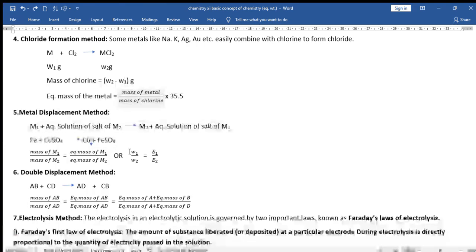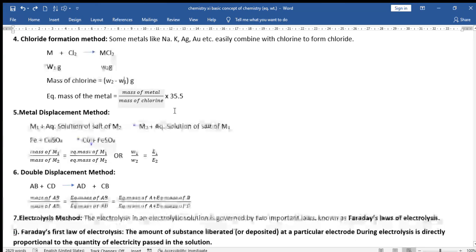Here, when metal M reacts with chlorine, it will form MCl2, the metallic chloride. The mass of the metal is given as W1 gram and the mass of the chloride formed is W2 gram. So the mass of chlorine in the metallic chloride is W2 minus W1 gram. Hence we calculate the equivalent mass by using the formula: mass of metal divided by mass of chlorine, multiplied by 35.5.